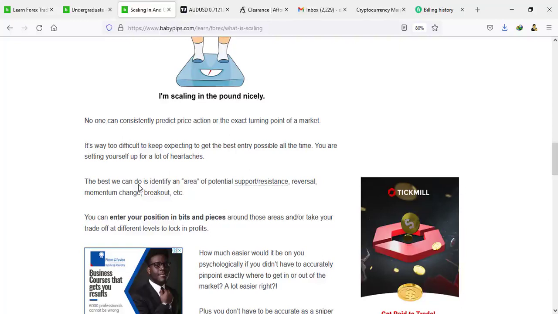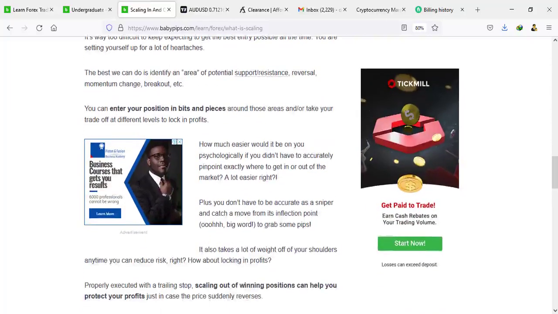You can enter your positions in bits and pieces around those areas, and you can also take your trade off at different levels to lock in profits. It is much easier and more psychologically comfortable that way, because knowing that price can bounce in this whole area, if I enter the market at this place, then it's good.